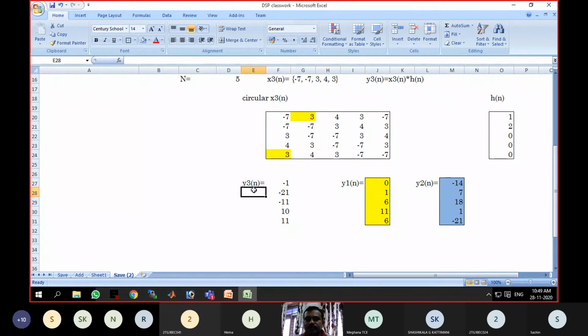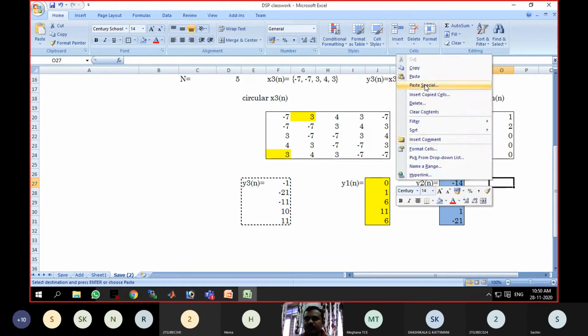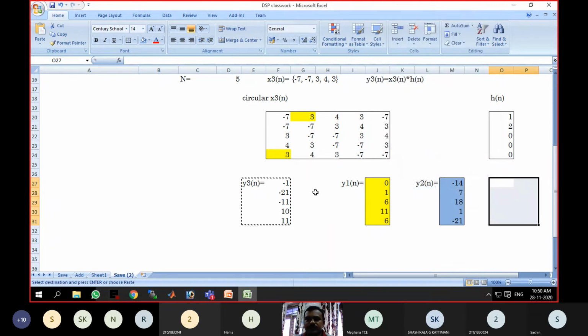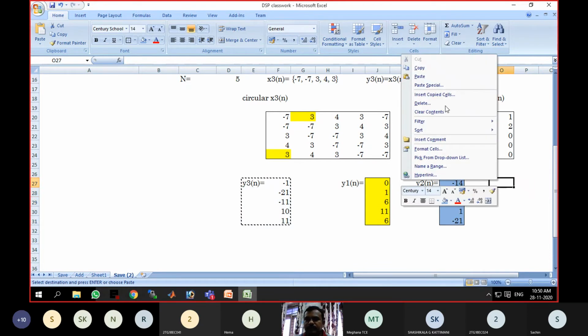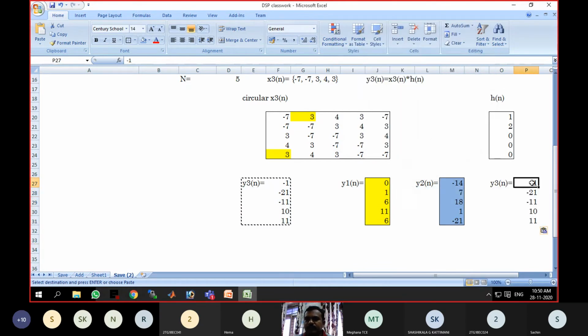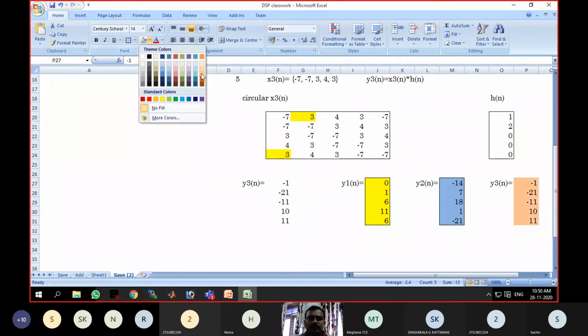We have minus 1, minus 21, minus 11, 10, and 11. Let me create this one as x3 of n, y3 of n. Oh, I have all y calculations.